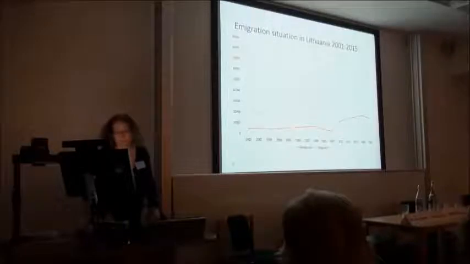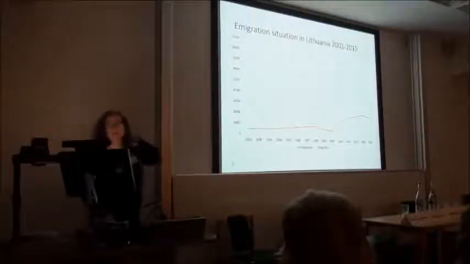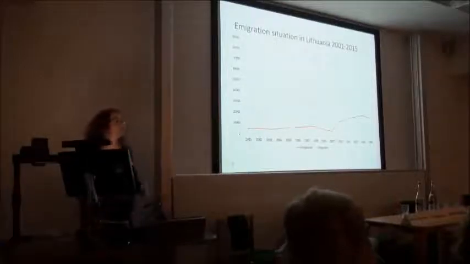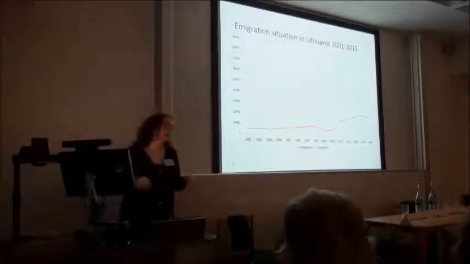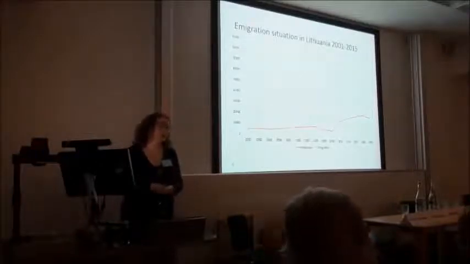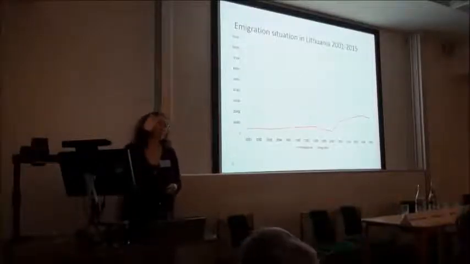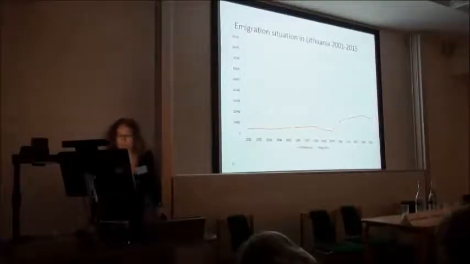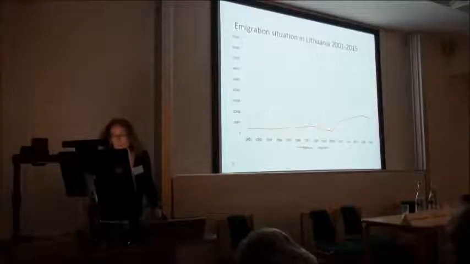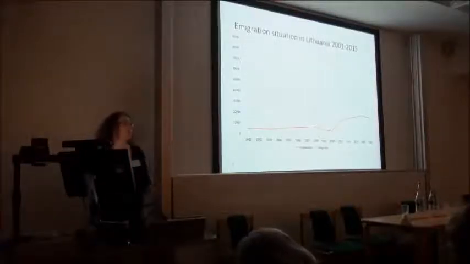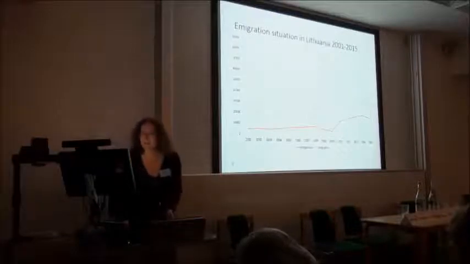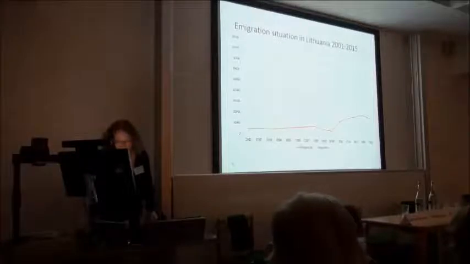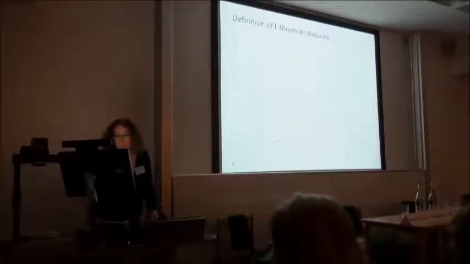The second one is related to the obligation to pay social security taxes, and due to this obligation, a lot of people finally registered that they are not living in Lithuania anymore. So it's not the actual move, but our Department of Statistics just received this data like this.